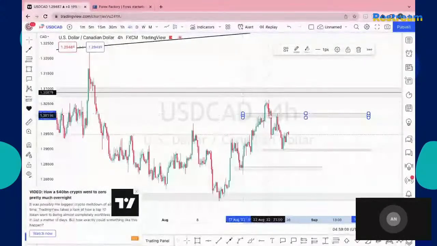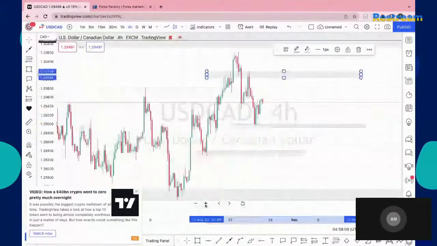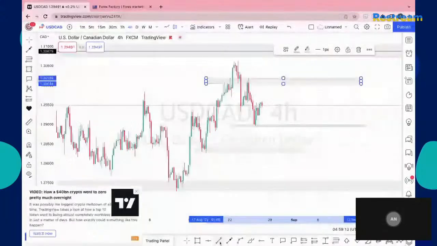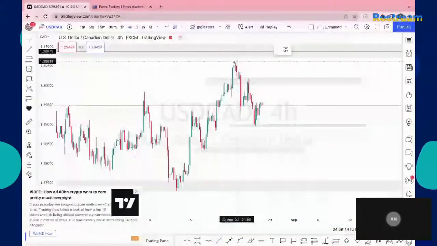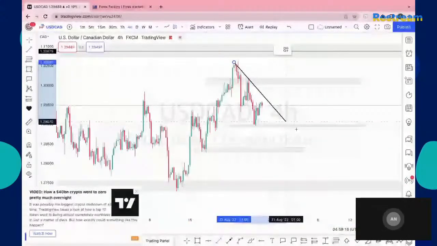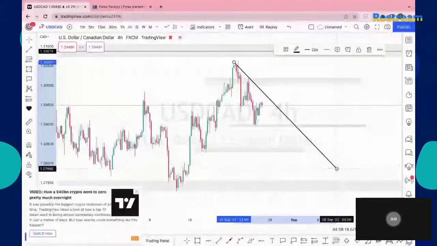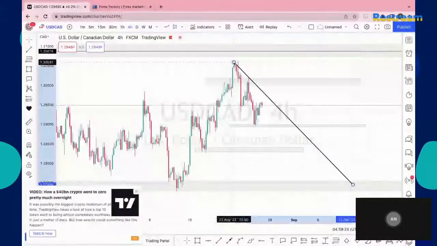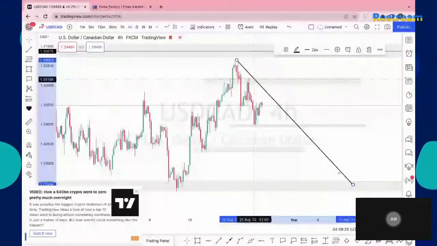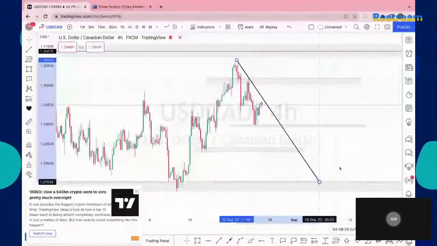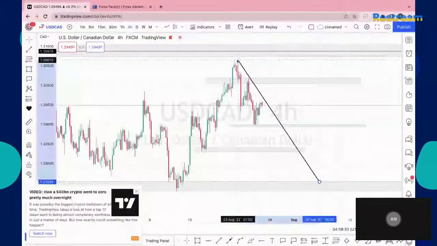Push down, rejected, broke out, came back to retest, rejected and pushed down. This is 4 hour, but I'm seeing something else. This is what I'm seeing. Or I can even do it according to the highs.